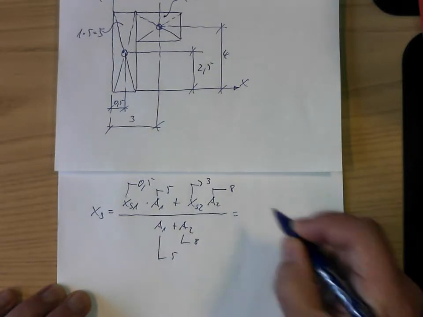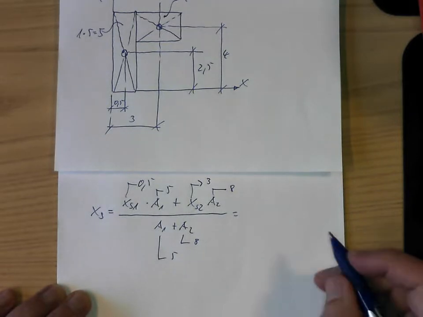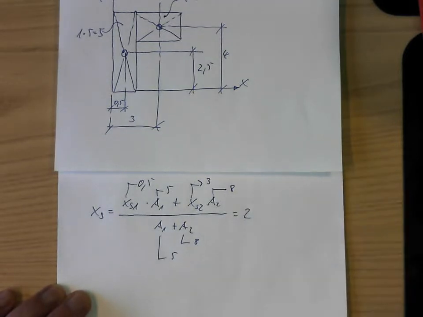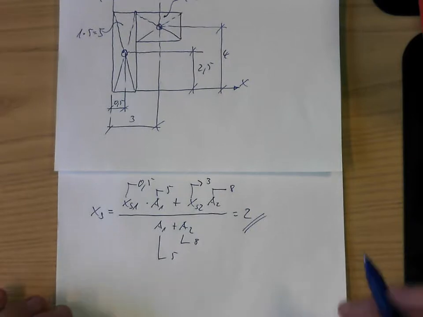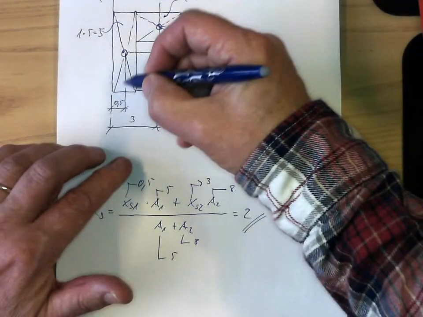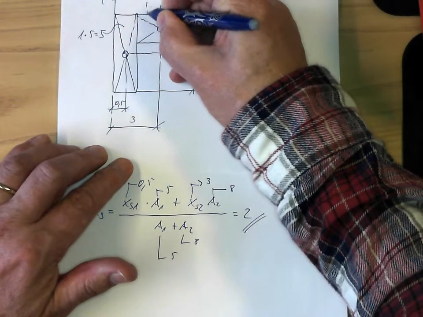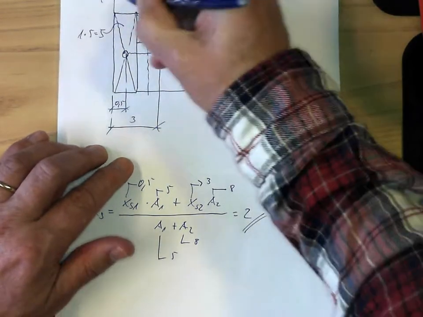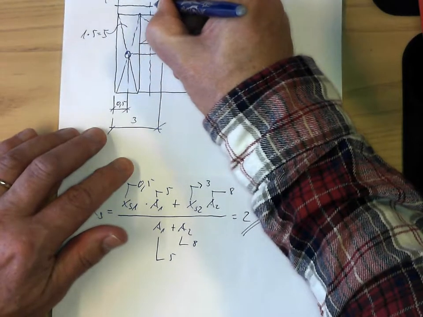So if I calculate it, I get as a result 2. That is the coordinate of the general center of gravity of the whole area in x direction. So if I sketch it here, 1, 2 is in this position. So here is xs, that's 2.